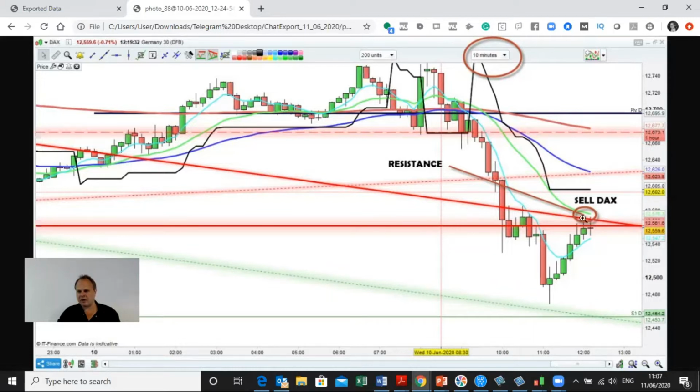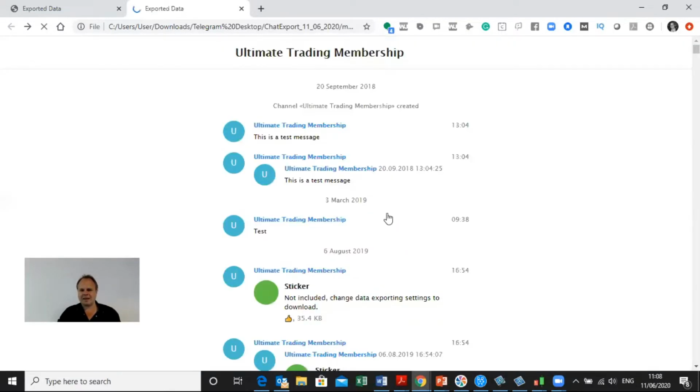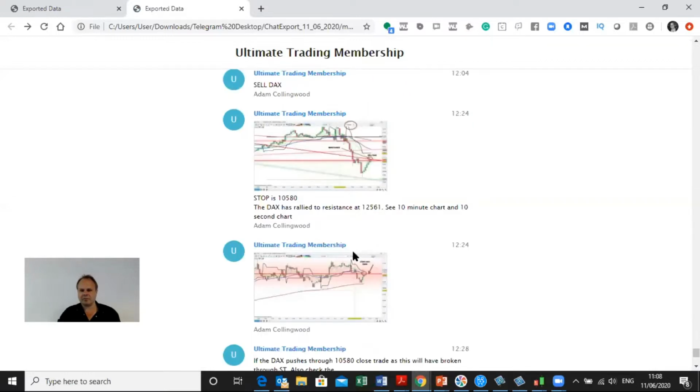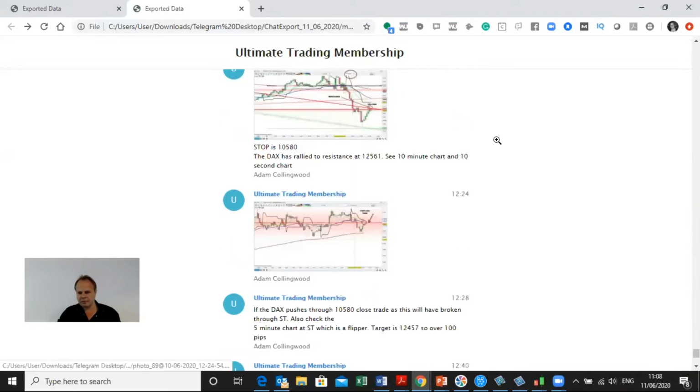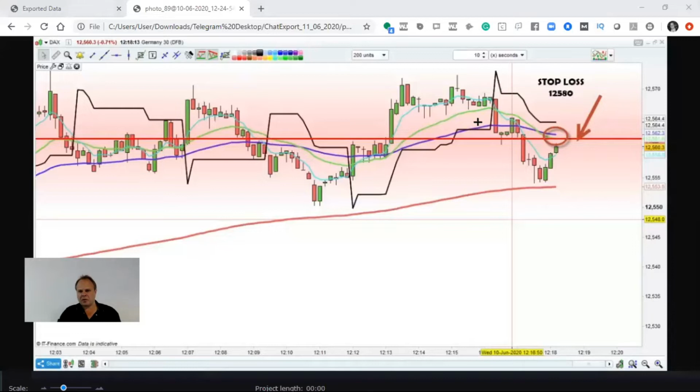You can see this descending trend line here as well, and that's the horizontal support resistance line. I was looking for the price to come back down here. To find the entry, I used the 10-second time frame, which is here. As the price was coming through here, it was selling.